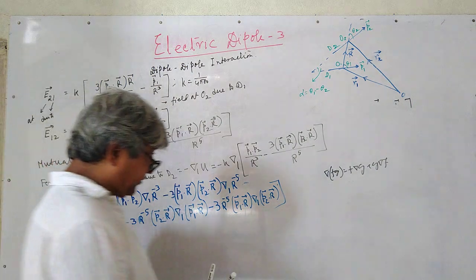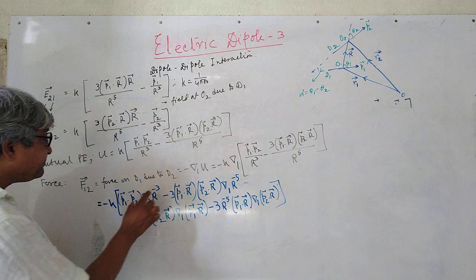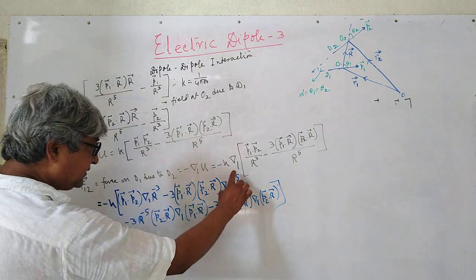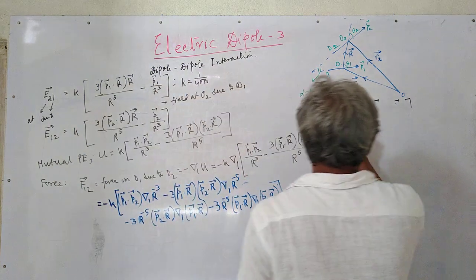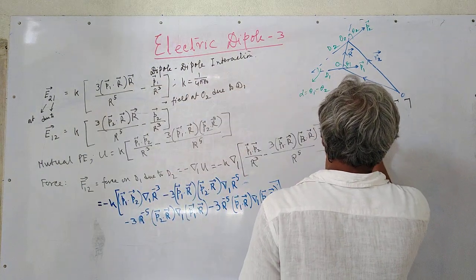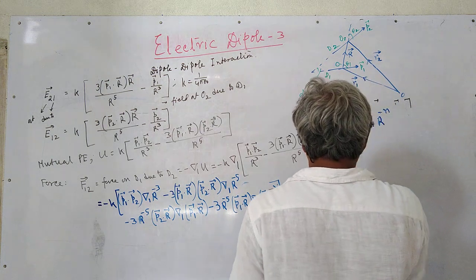Look at that expression. There are two terms, this term and this term, and they are similar. They are of the form calculation of nabla 1 at to the power minus n.